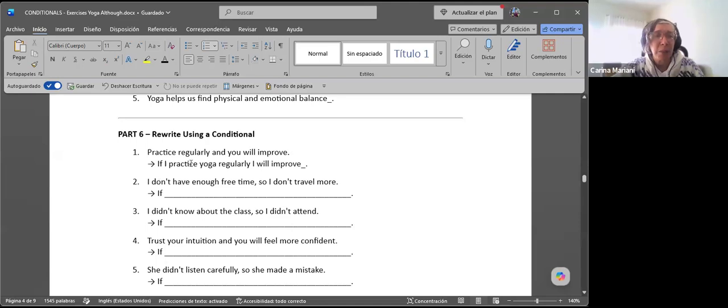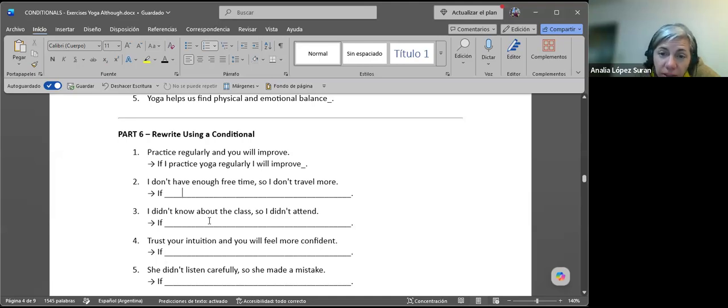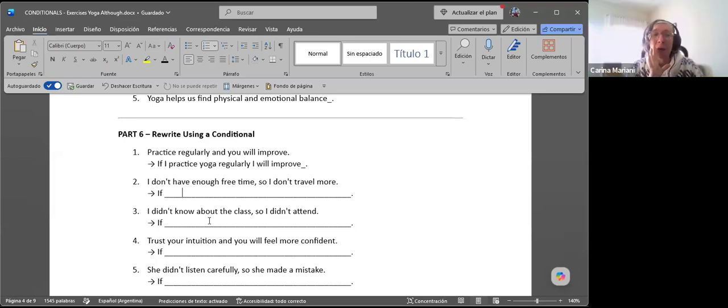In number 1, we have an example. Practice regularly and you will improve. Here you have to use the first conditional because you have present and future. If I practice yoga regularly, I will improve. But number 2, I don't know. I put: If I didn't have enough free time, I wouldn't travel more. What is the situation? You don't have enough free time, so you don't travel more.